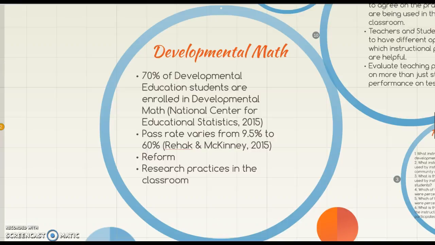The National Center for Educational Statistics reports that 70% of the students in developmental education are in math. One study from Rehak and McKinney shows that the pass rates vary from 9.5% to 60%. And with the high enrollment and low pass rates, many institutions are looking to reform developmental education programs. And this study was designed to look at what is happening at the classroom level.